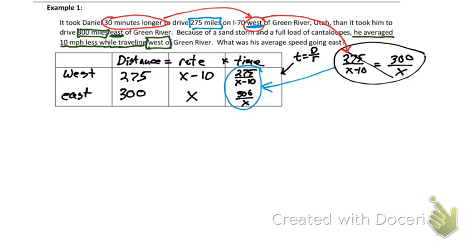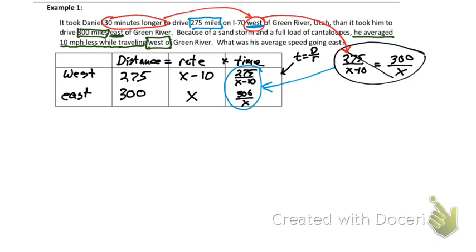Got a 50-50 shot, yeah. I would add it to the east side because this is the longer trip. If this took 60 minutes, this took 30 minutes. The only way to balance it would be to add it to the quicker time. So I need to add 30 minutes to the right-hand side.